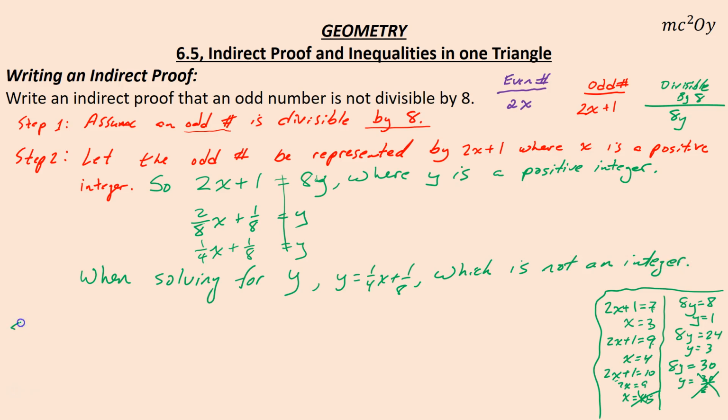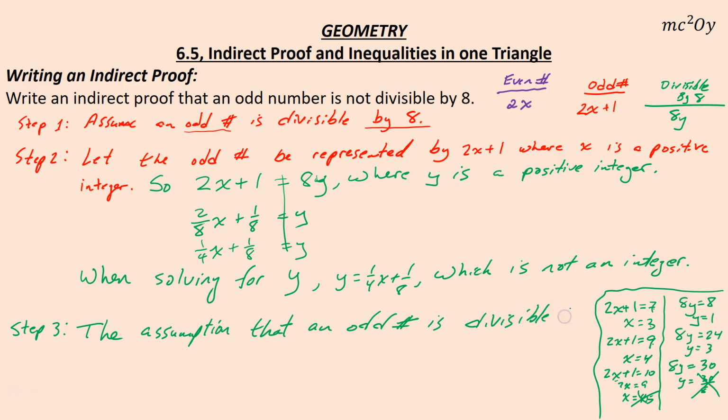Okay, so step three, we summarize it: the assumption that an odd number is divisible by eight is false.